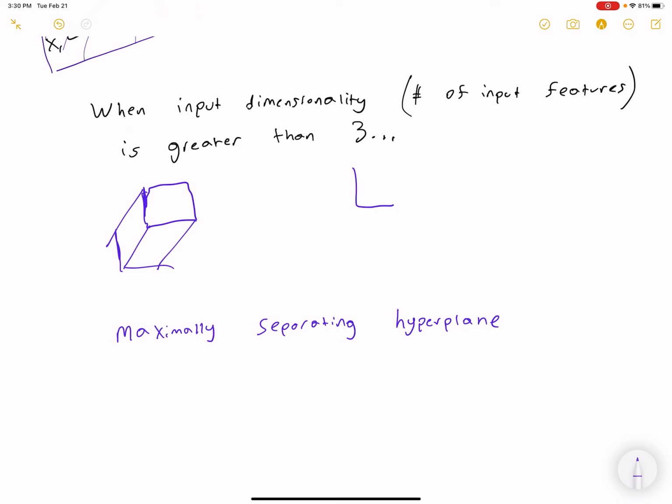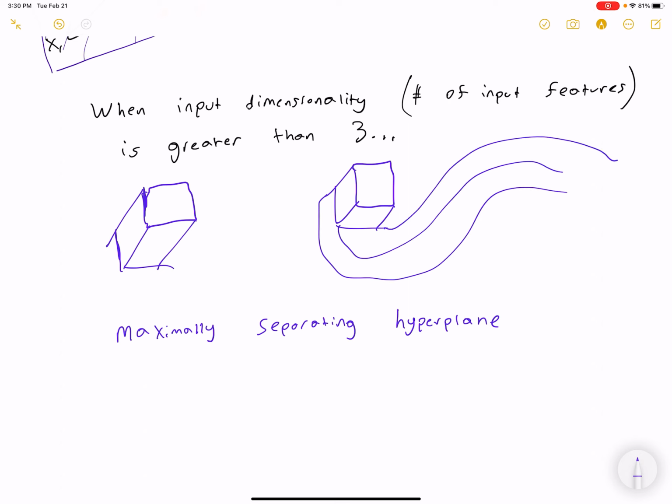And if we have 5-dimensional data, then it might look like a thing moving through time. Sorry, this is getting kind of abstract. So we'll stop it there. But I think you get the idea. Linear separating boundary in a high number of dimensions.